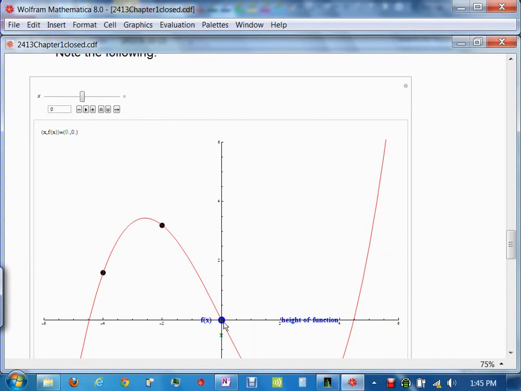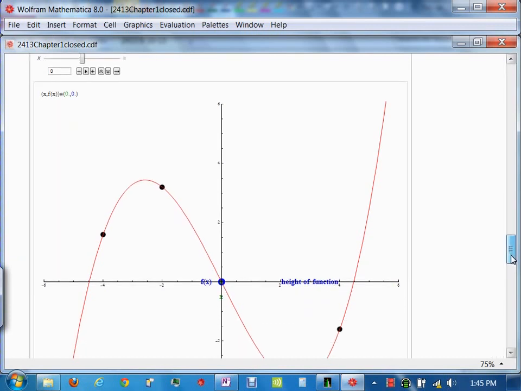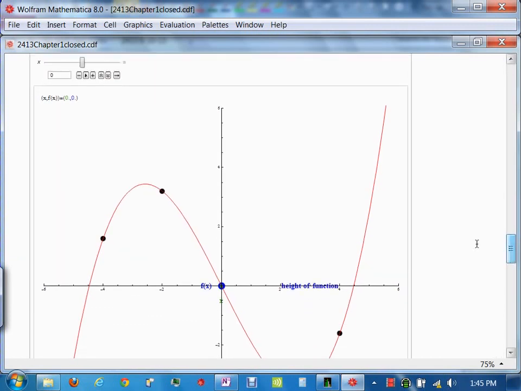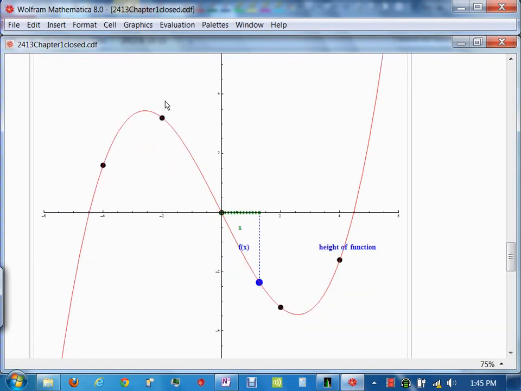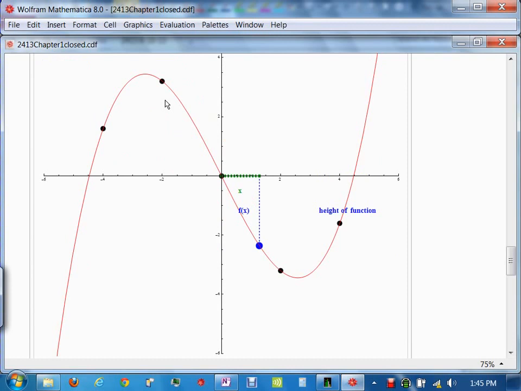So there, at 0, what's my height? 0. If I keep moving to the right now, my height is actually a negative number now, right? Because I'm below the x-axis. All right, so we just want to make sure that we understand that the output is the height of the function.